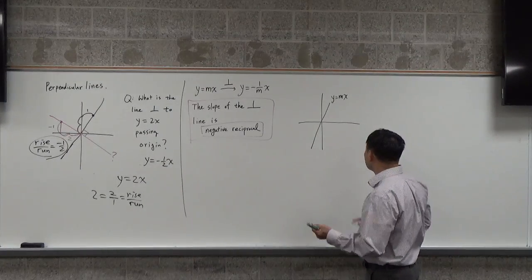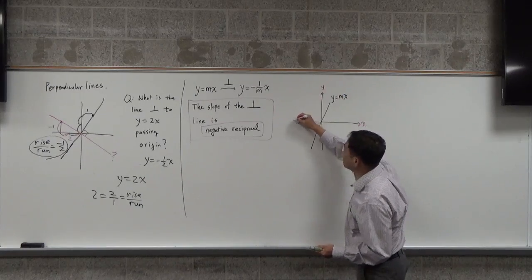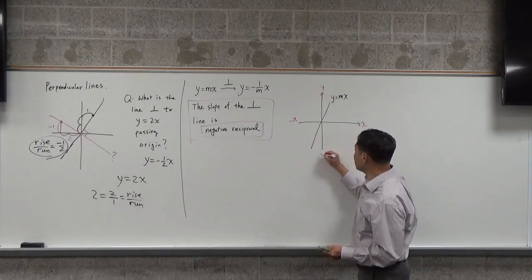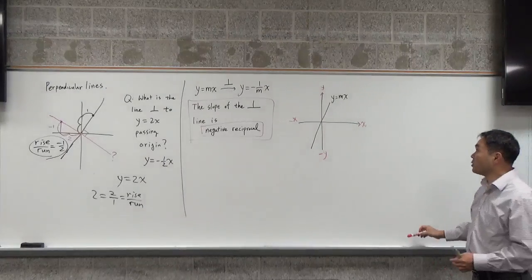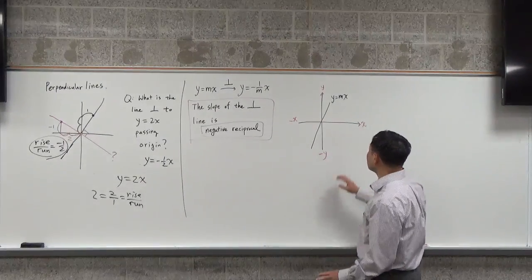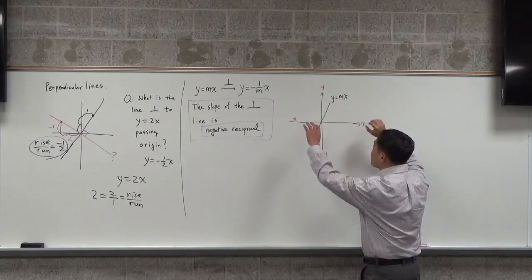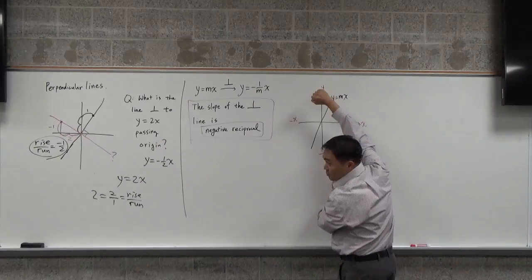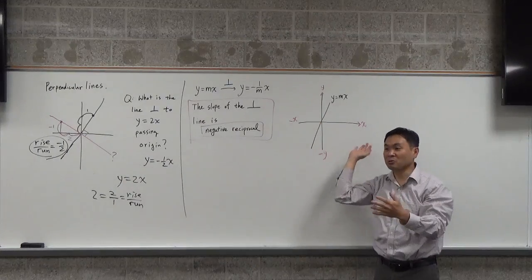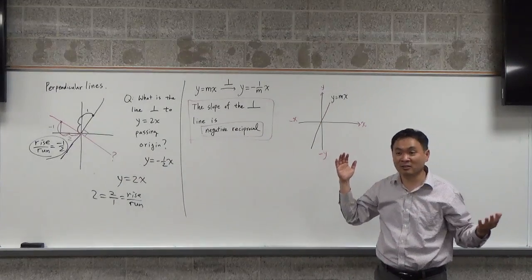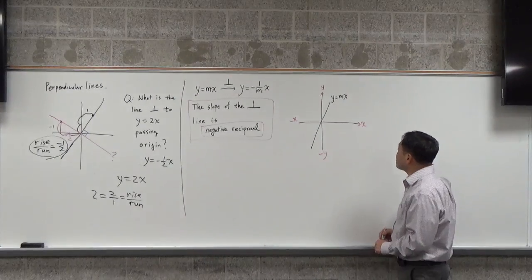Think about this direction as x, this would be y, this side will be -x, and this side will be -y. Instead of trying to think about the perpendicular line, we're just going to simply take this and rotate 90 degrees. If you rotate 90 degrees, the picture will rotate 90 degrees and you'll have a perpendicular line. Isn't that right? Then you observe what's happening to x and y.